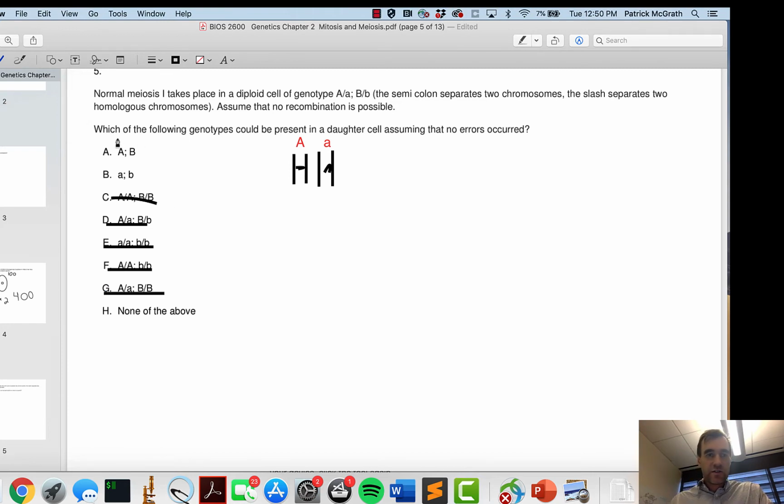And so the answer to this one is either this. Because of independent segregation, the law of independent assortment, A and B are separate from each other, and so you could have big A, big B, or little a, little b. There are also additional answers, so big A, little b, and little a, big B would also be possible.